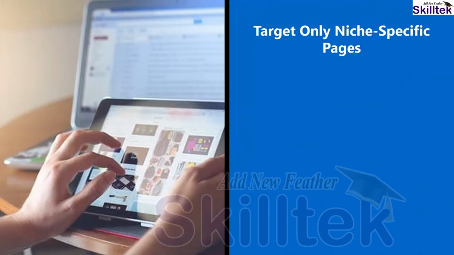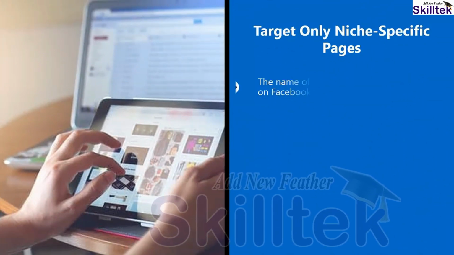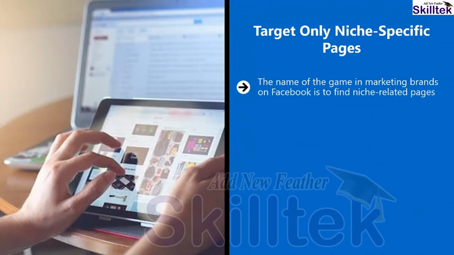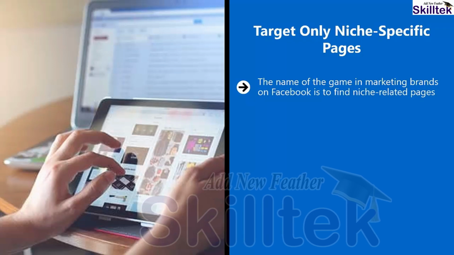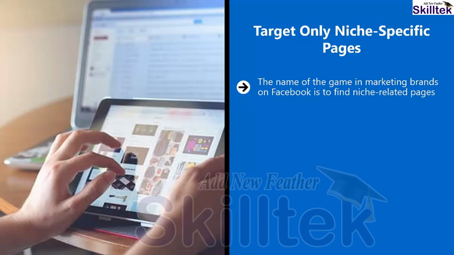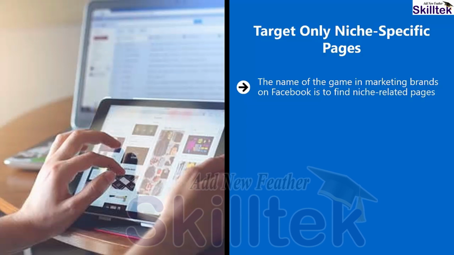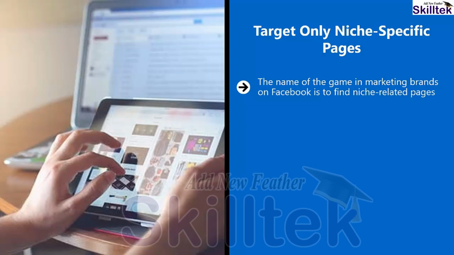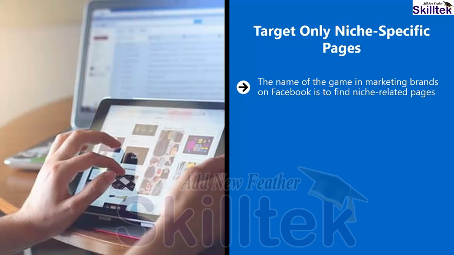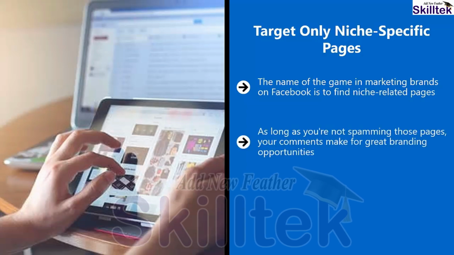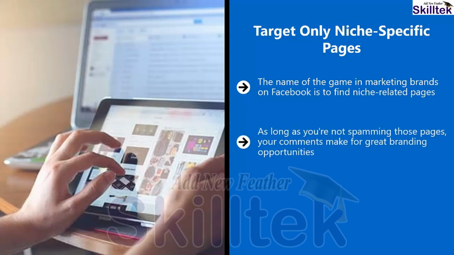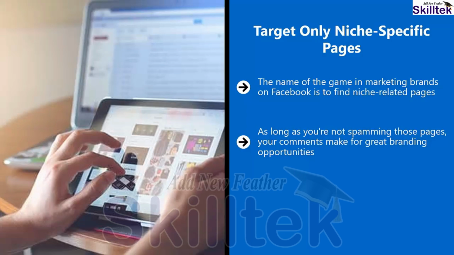Target only niche-specific pages. The name of the game in marketing brands on Facebook is to find niche-related pages. Since the people that go to those pages are already interested in the same niche you're in, the more active you are in those pages' comment section, the more visible your brand becomes. As long as you're not spamming those pages, your comments make for great branding opportunities.